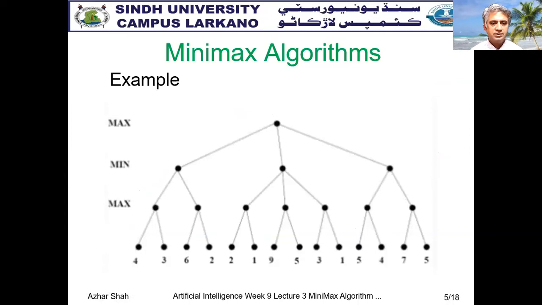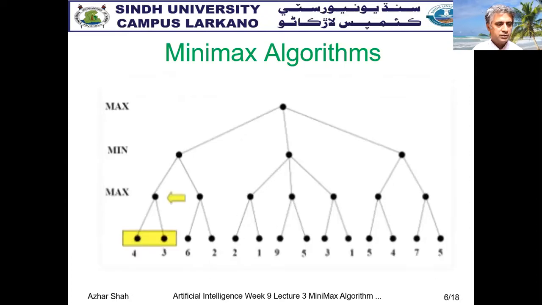Level 3 we say is a terminal state, terminal level, and then we assign these values, these scores to these nodes, and using the min-max, minimum and maximum goals, we can calculate the total score and declare who is the winner.